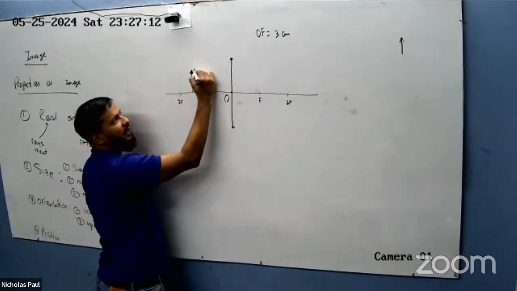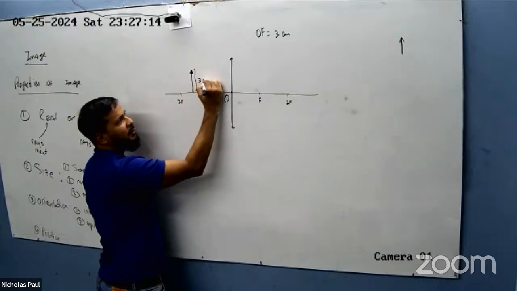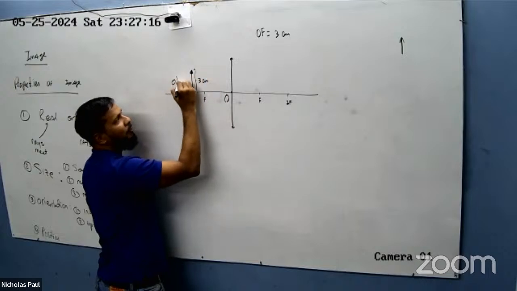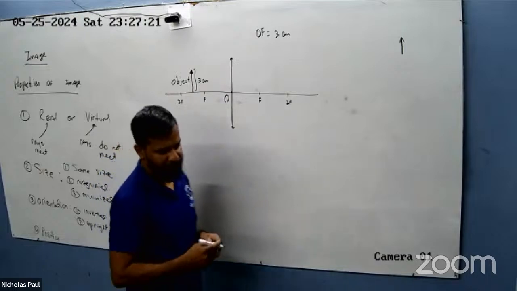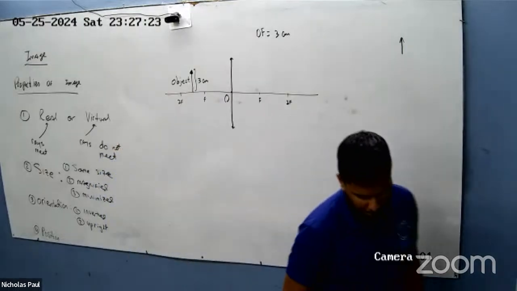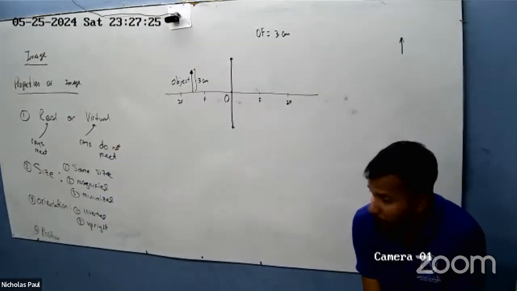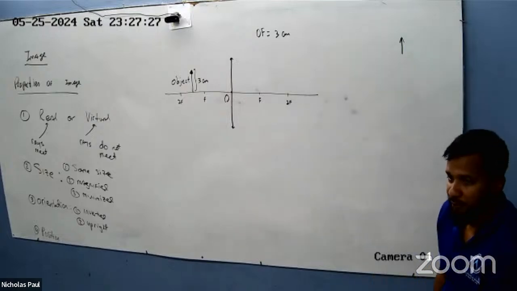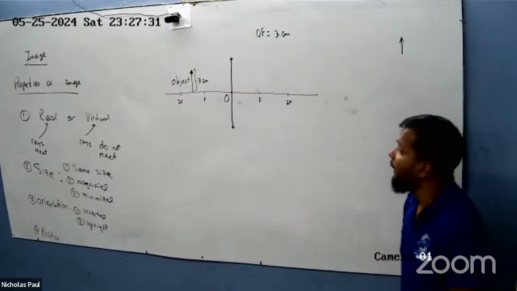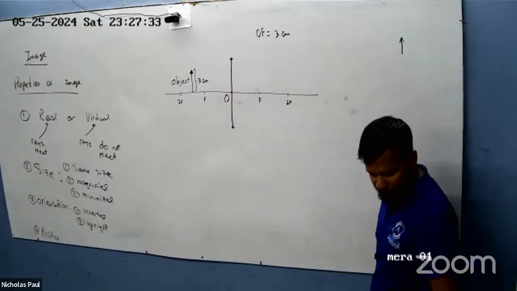This whole thing here is 3 centimeters. That is the object. Include the head of the arrow as well.